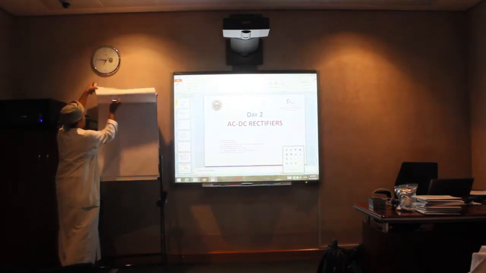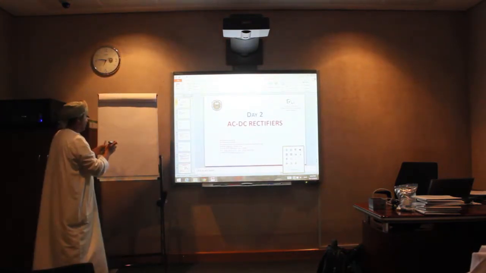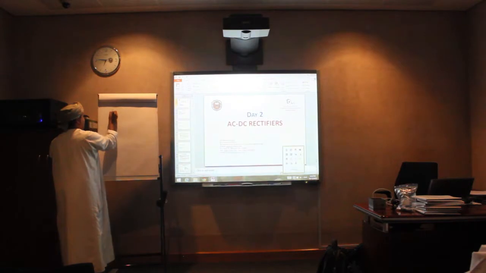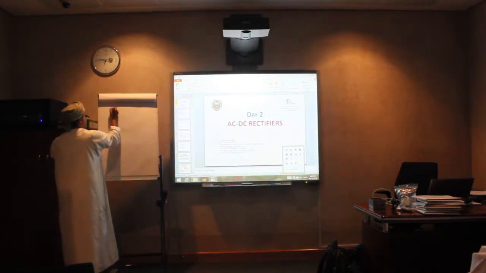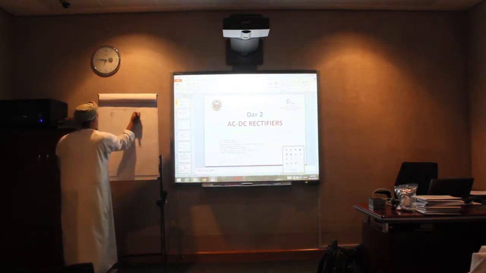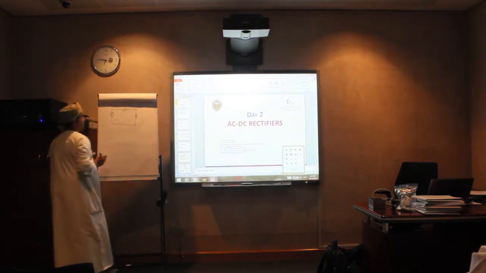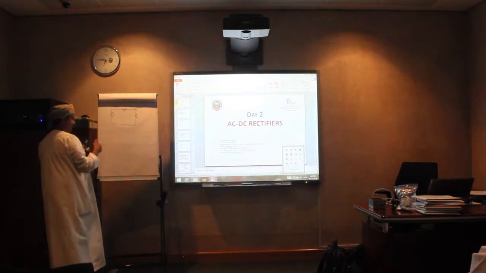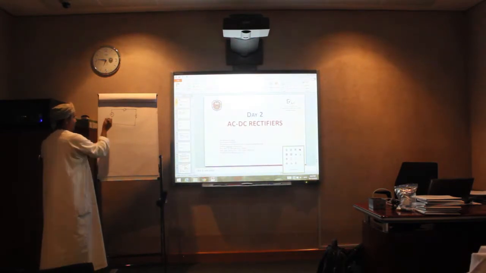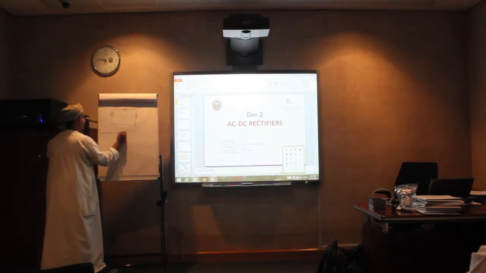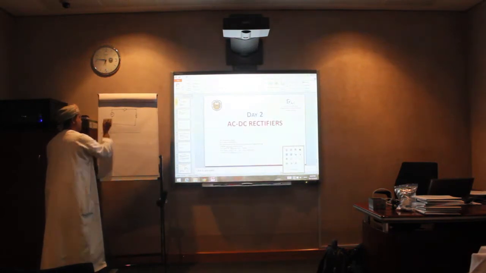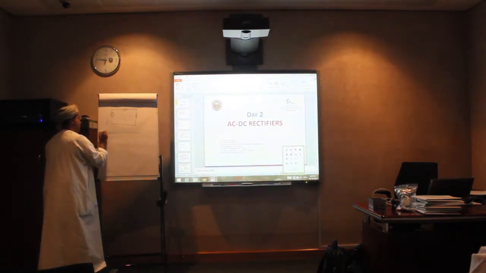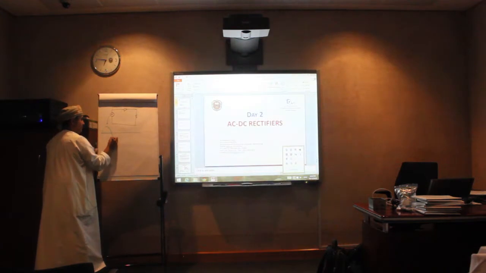So if I return back to this circuit here and plot it again. Okay, so I will have this diode, and this is the resistance, like this. Now, looking at this, it's AC, it alternates like this. So this voltage here is AC like this.